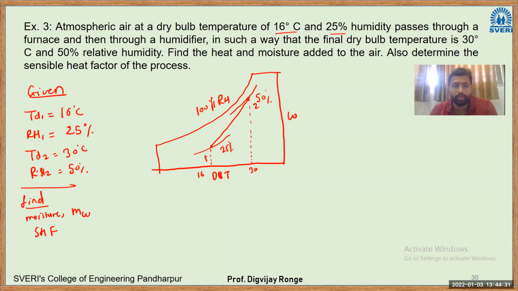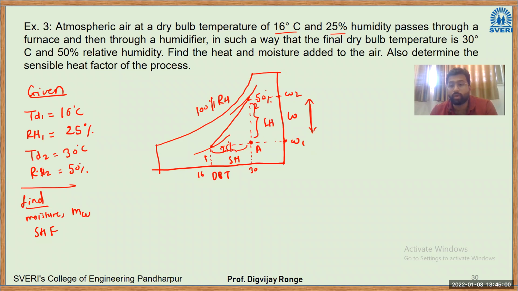Initially the specific humidity was W1. Finally the specific humidity will be W2. And this is the amount of moisture added from W1 to W2. Now in this case, the triangle is completed. Let us say this intersection point is A. This is the amount of sensible heat which is added, and this is the amount of latent heat added.